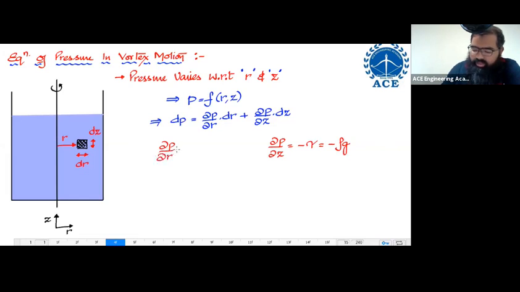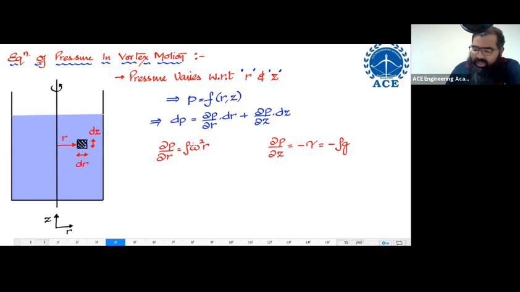Its value is equal to rho omega square R. Derivation is slightly complex, as it requires the concept of centrifugal forces, so I'm not doing it. Straight away, I'm giving you the value: dou P by dou R equals rho omega square R.